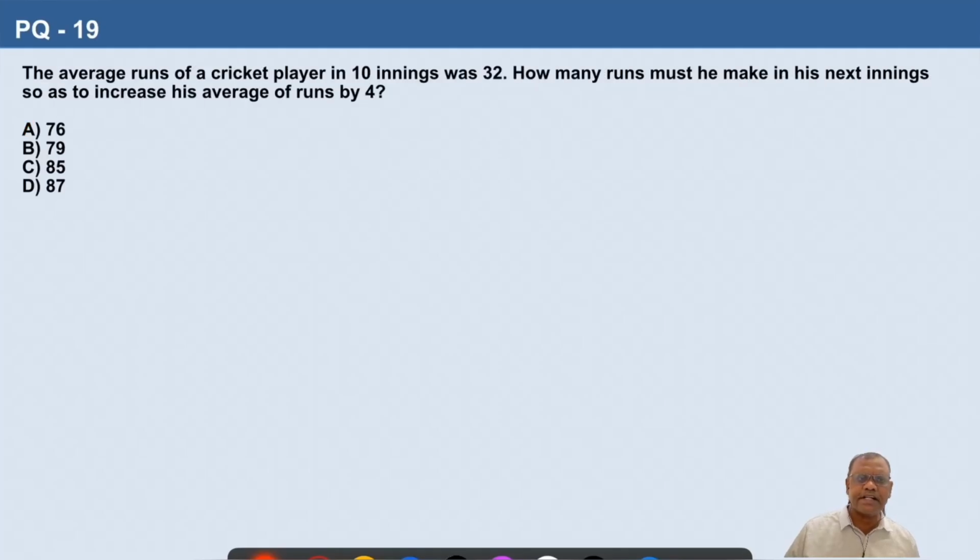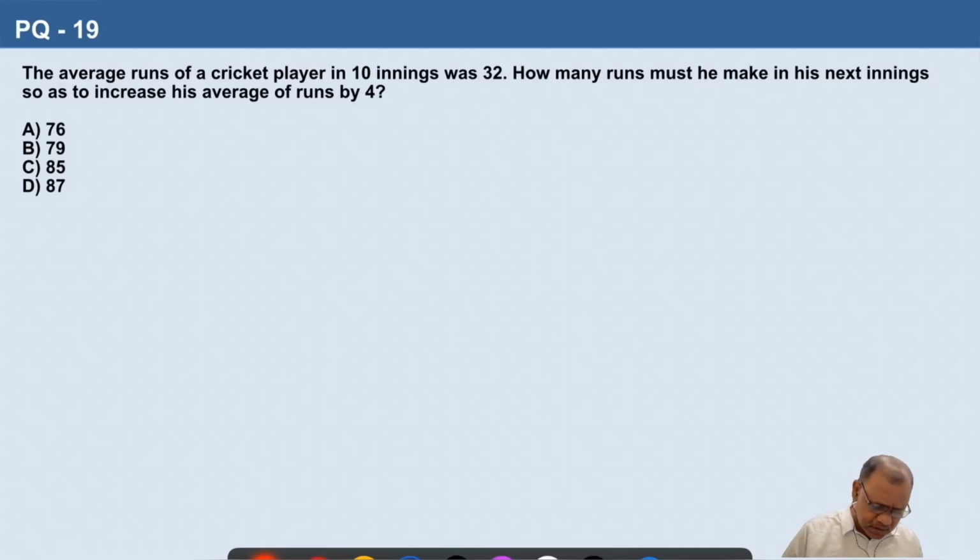Question number 19. The average runs of a cricket player in 10 innings was 32. How many runs must he make in his next innings so as to increase his average of runs by 4? So in the 10 innings, it was 32.